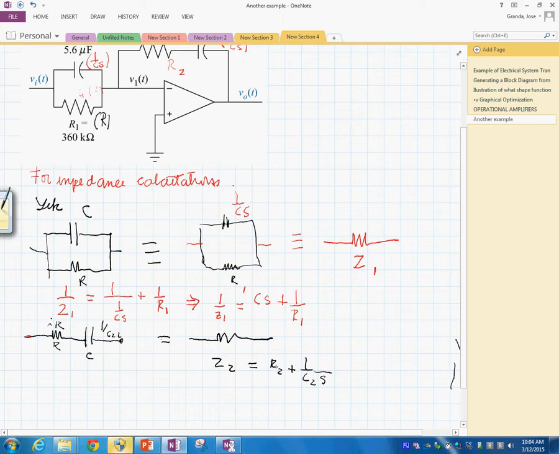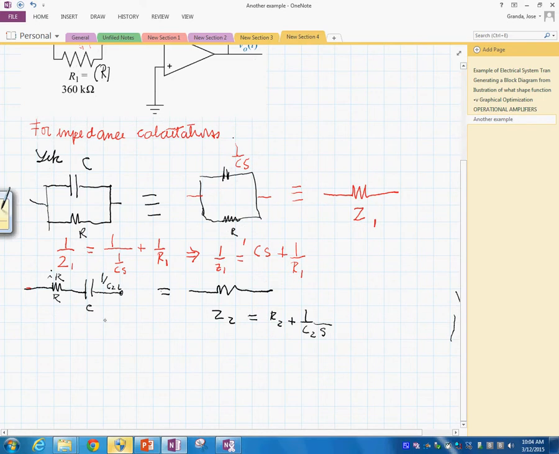So one experiment that we can do is to obtain the transfer function, obviously. In this case, you have this ratio of the Z2 minus R1, called the transfer function.